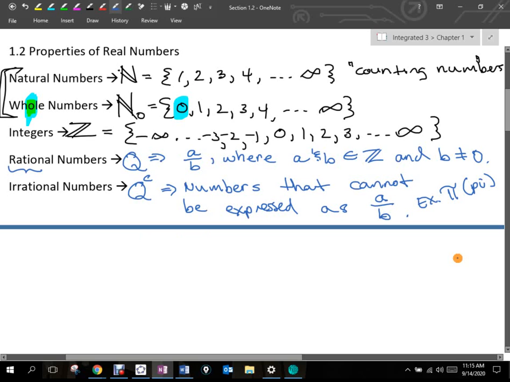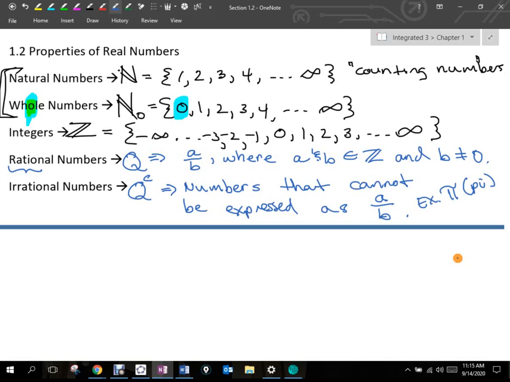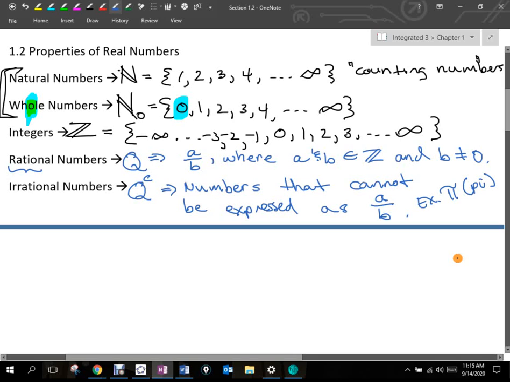I don't want to say most, all of your irrational numbers are going to be written with a symbol, because irrational numbers never end and they never repeat.